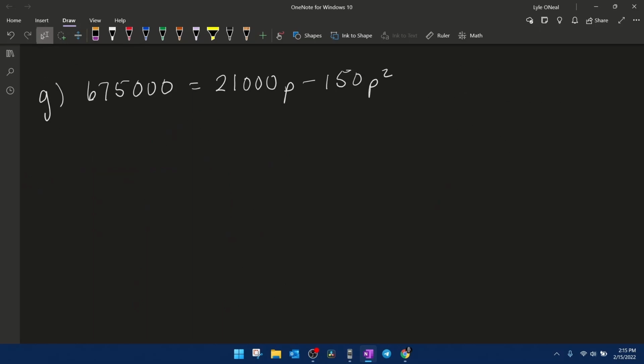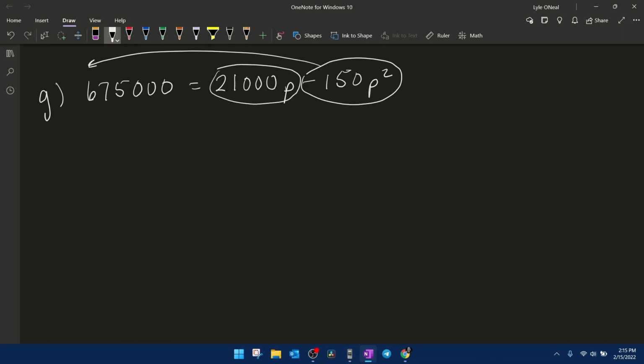All right, so here's our equation set up and ready to solve. Knowing that I need to have the squared term positive and that I have to set a quadratic equal to 0 and solve, we're going to be moving these two terms over, giving us 150p squared minus 21,000p plus 675,000 equal to 0.